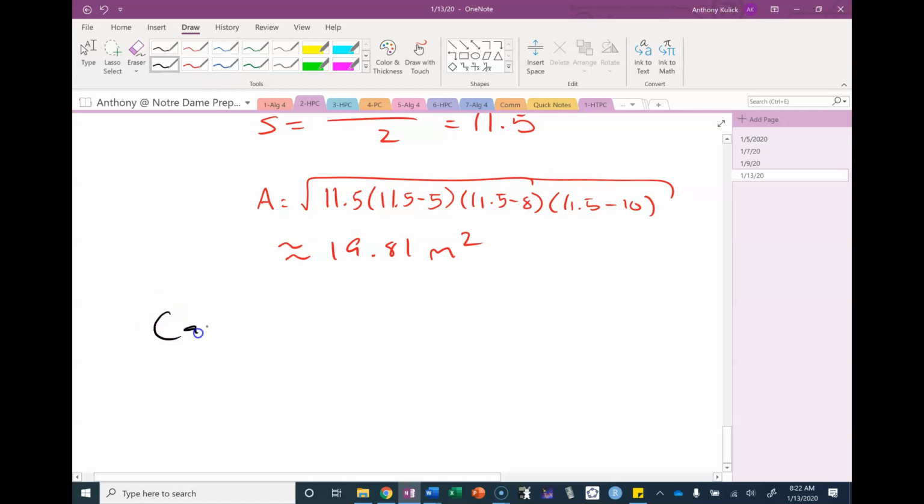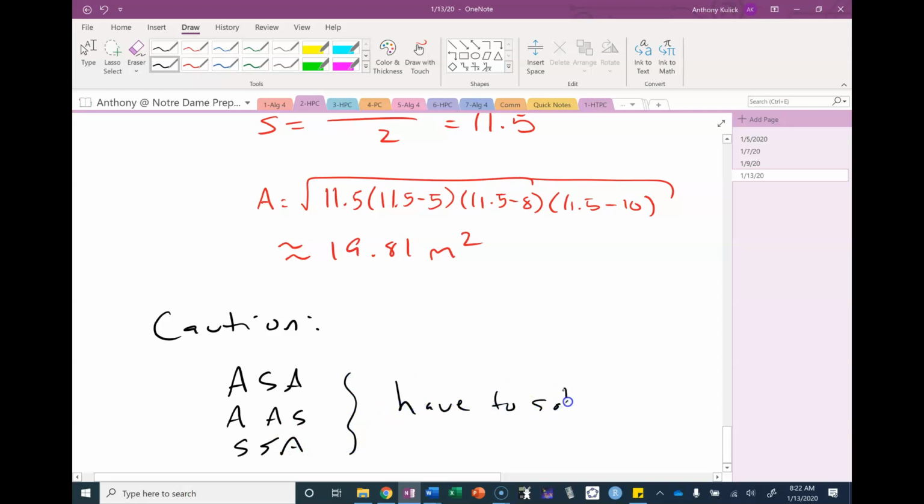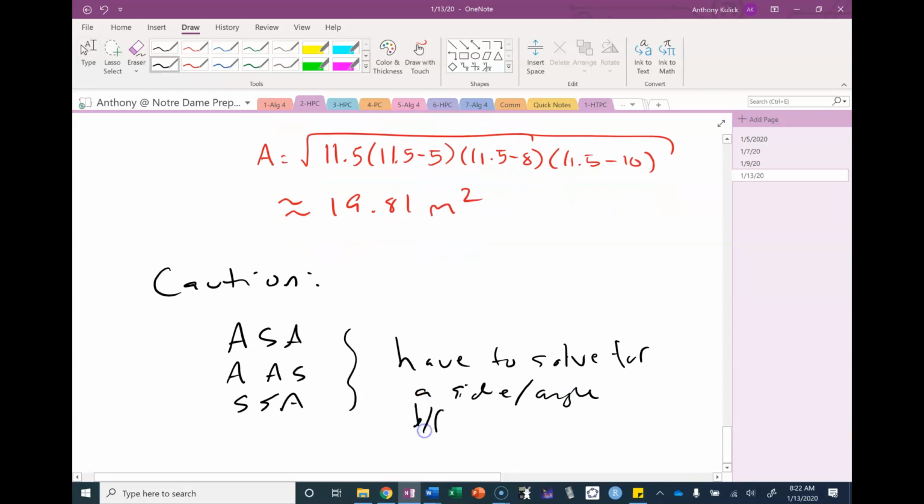Just a word of warning for things like angle, side, angle, angle, side, or side, side, angle.